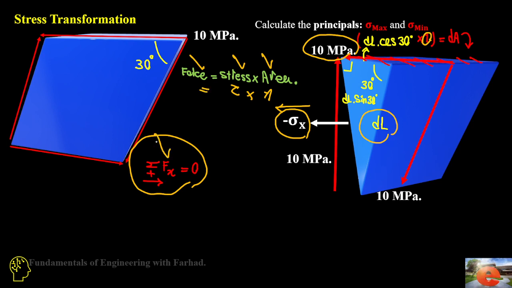Then we can jot down this equation for equilibrium in x direction. Just be careful, we can write the equilibrium equations just for forces, not the stresses. At the same time, we can project this one on the x-axis also.